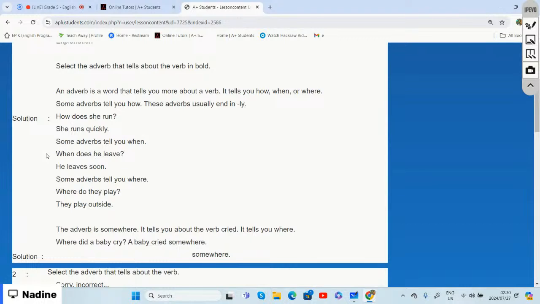For example, for when, he leaves soon. For how, they run quickly. And for where, outside. So that is but a few examples of adverbs, keeping in mind that an adverb is a word that tells you more about the verb, and it tells you how, when, or where.